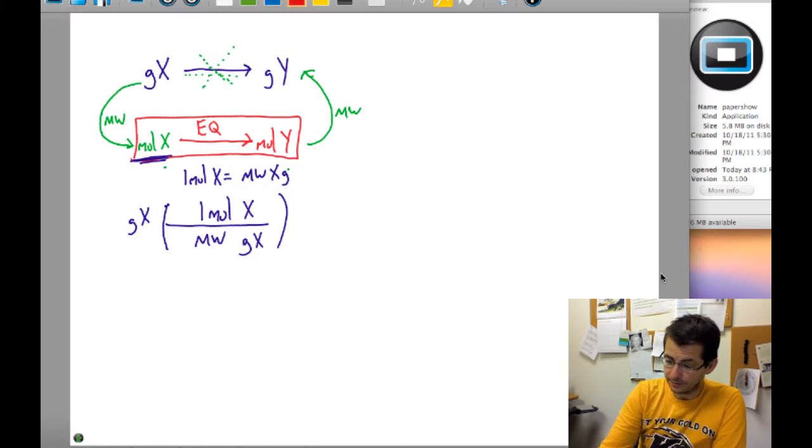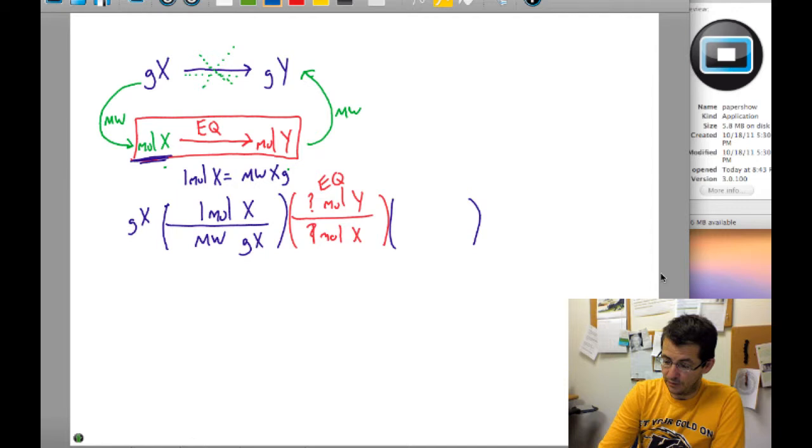Once we have that, we can use the chemical equation that says a certain number of moles of X is equivalent to a certain number of moles of Y. Again, these come from the balanced chemical equation. And then we convert our moles of Y back into grams of Y using the molecular weight, to give us our answer in grams of Y.